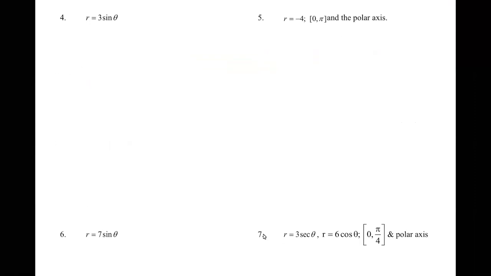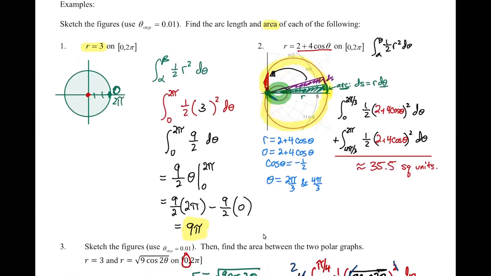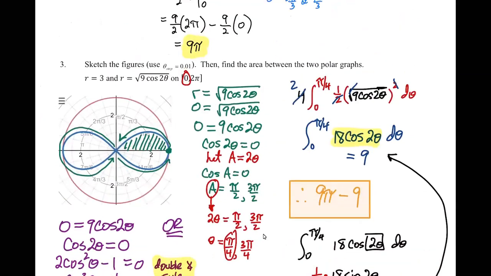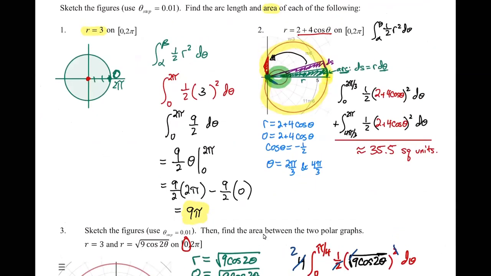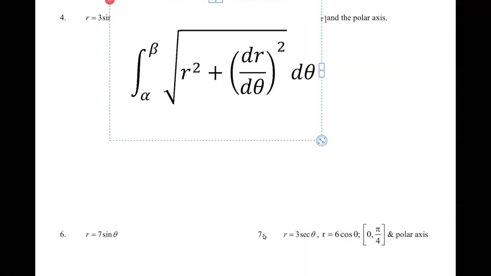So let's grab number 4 on the top of page 15, just so I can show you what it's like to tackle this using arc length, because we already know what this is going to boil down to in terms of area from the work we did on page 14. But how is it going to play out in terms of arc length? So let's investigate.